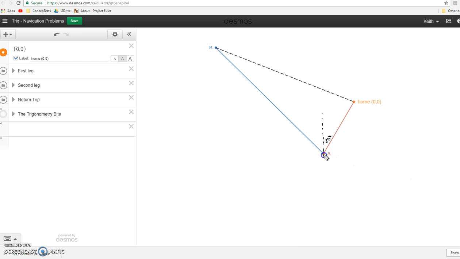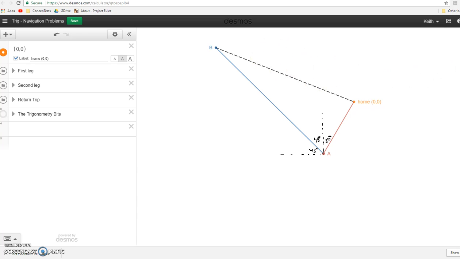And also, in being true northwest, that makes each of these guys 45 degrees. So this included angle is 30, 45, it's 75 degrees.